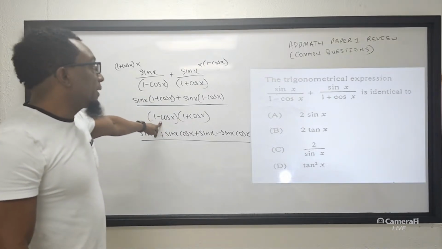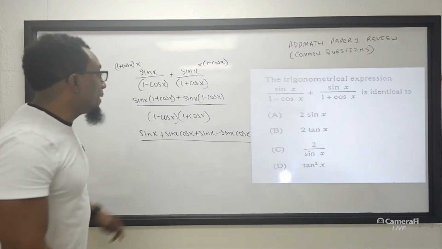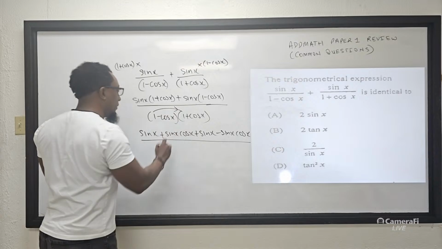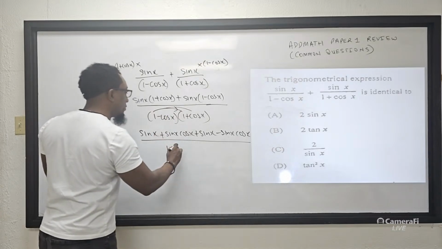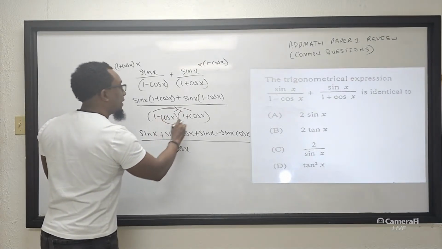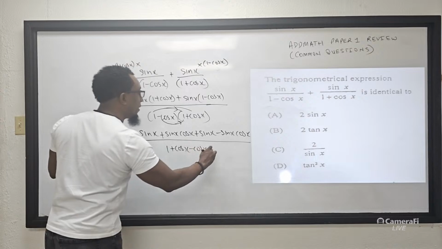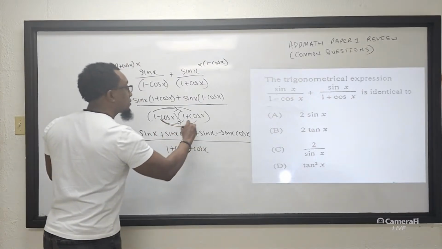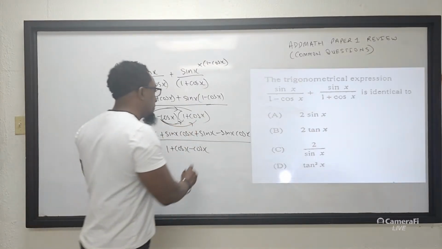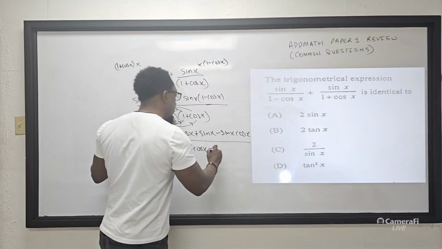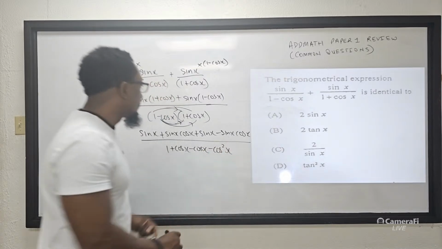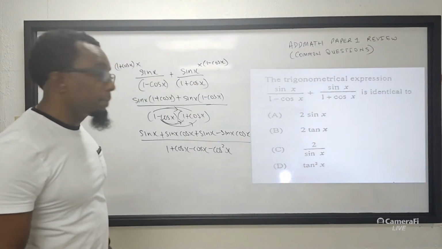We can expand this also. If we expand this, what are we going to get? 1 by 1 is 1. 1 by cos x is plus cos x. Negative cos x by 1 is negative cos x. Negative cos x by positive cos x is negative cos squared x.